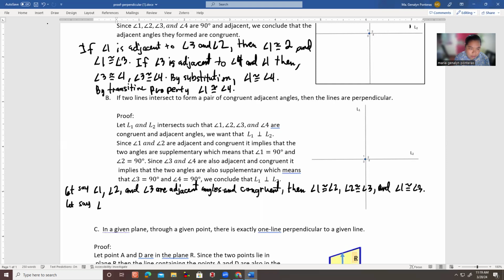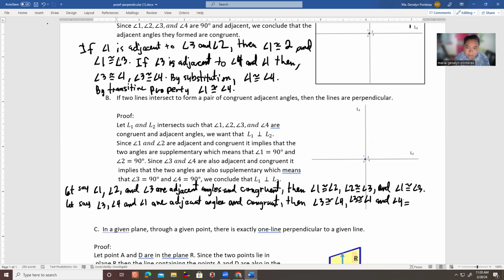Then let's say angle 3, angle 4, and angle 1 are adjacent angles and congruent. Then angle 3 is congruent to angle 4, angle 3 is congruent to angle 1, and angle 4 is congruent to angle 1.